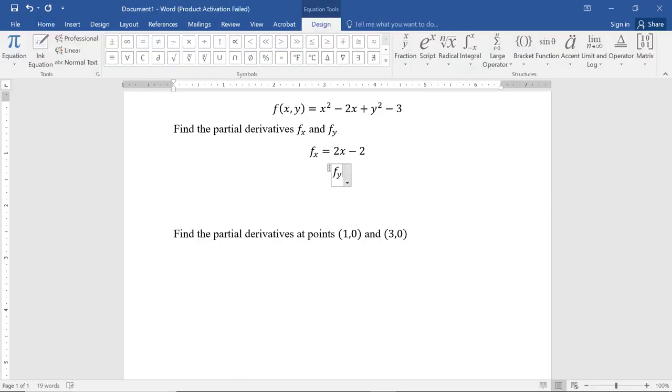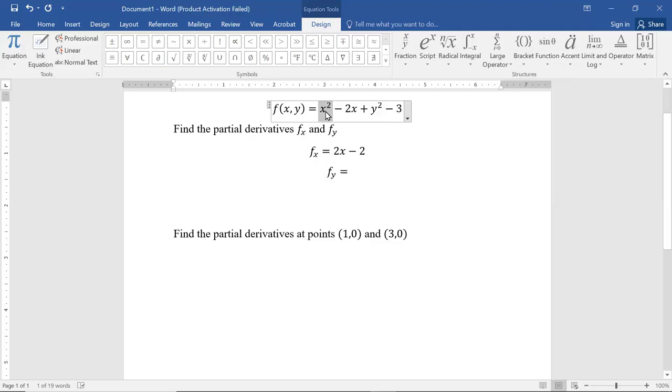F sub y, well, this time we're viewing the y's as our variable. So x squared is a constant term with respect to y. There's no y involved in that term. So that's treated just like any other constant, like 9 or 10 or 11, whatever.